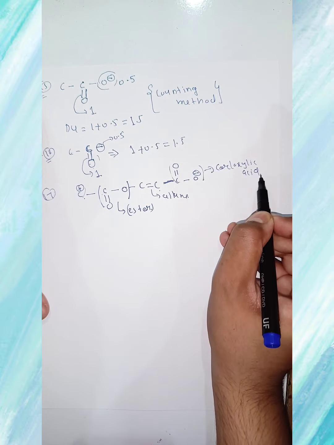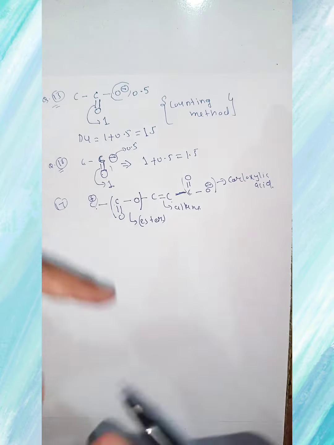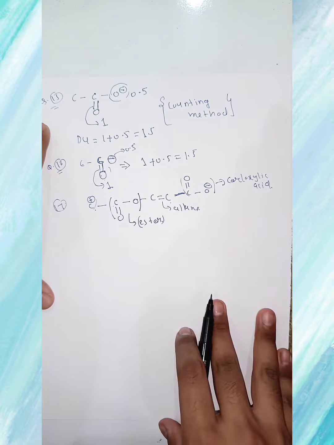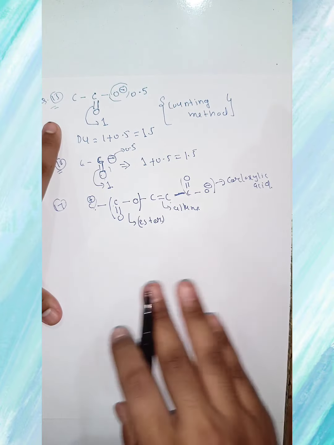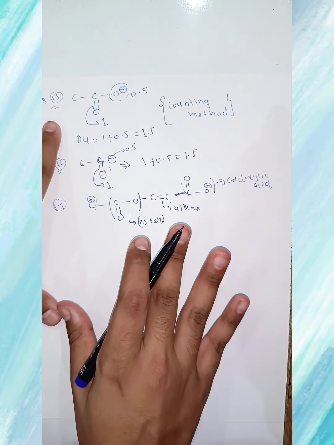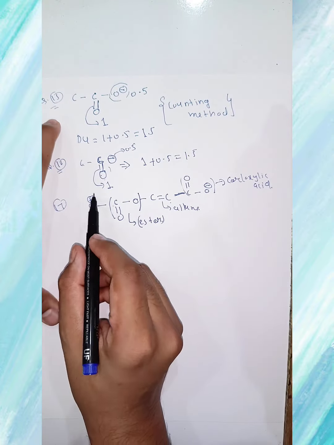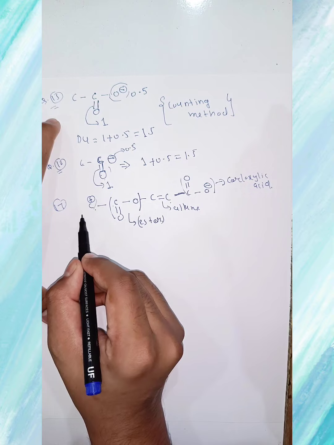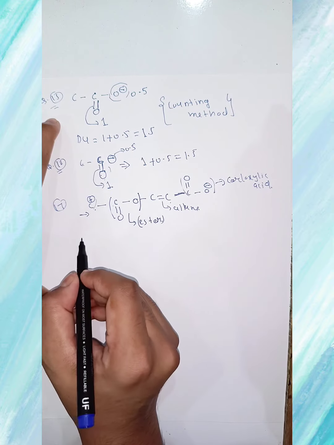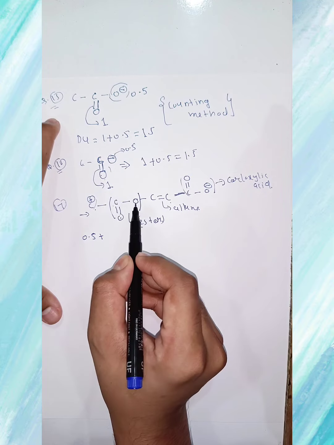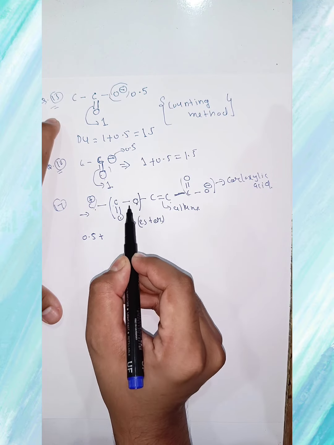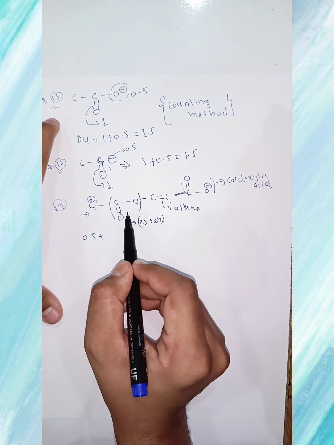Okay, so I will try to give you an idea of the functional groups present as well, so that you always remember those functional groups. Let us calculate its DU by counting method only. A positive charge, start from this point. Positive charge means 0.5 plus C double bond O. This O is of no use, only this double bond counts here.